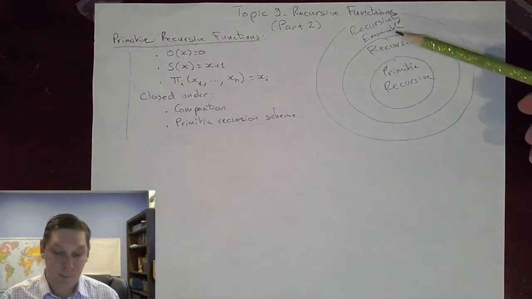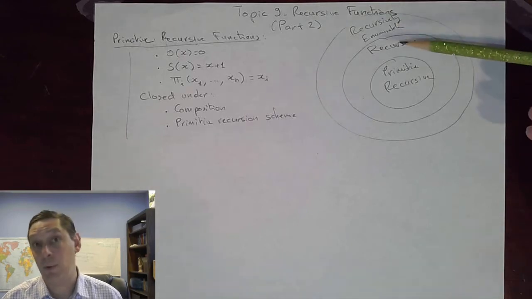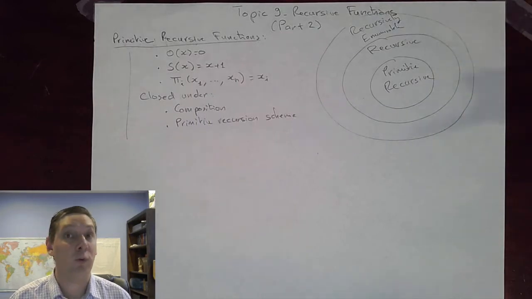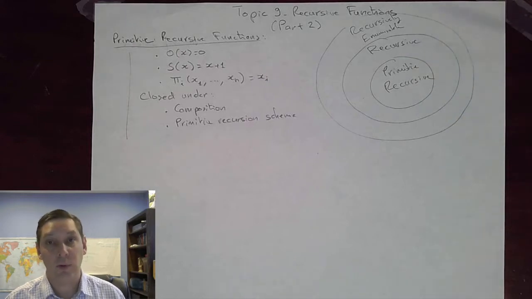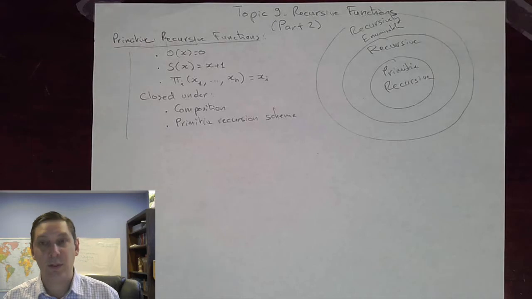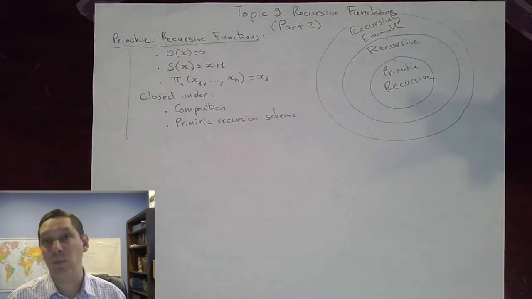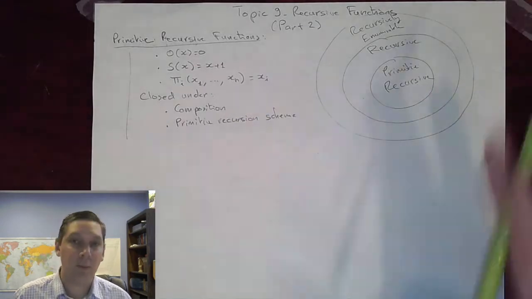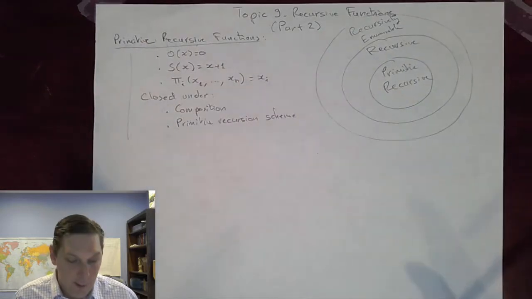And it should remind you of something interesting: recursively enumerable is another definition of what we call Turing recognizable languages, and recursive is another term for decidable languages, right? So whatever is recursive is decidable, whatever is recursively enumerable is recognizable by a Turing machine. But we'll make the connection later. Let's stay in the functions for now.